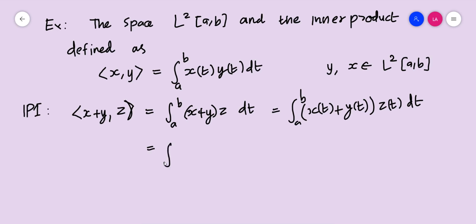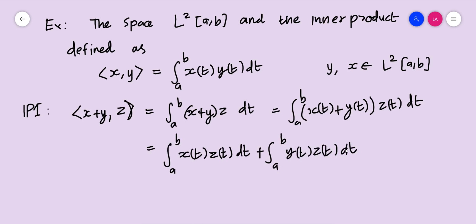Now we can split this up into two parts, integral a to b x of t z of t dt plus integral a to b y of t z of t dt. Now by definition, this can be written as inner product xz, and the second part is inner product yz. So we have established that the first property of the inner product is satisfied.